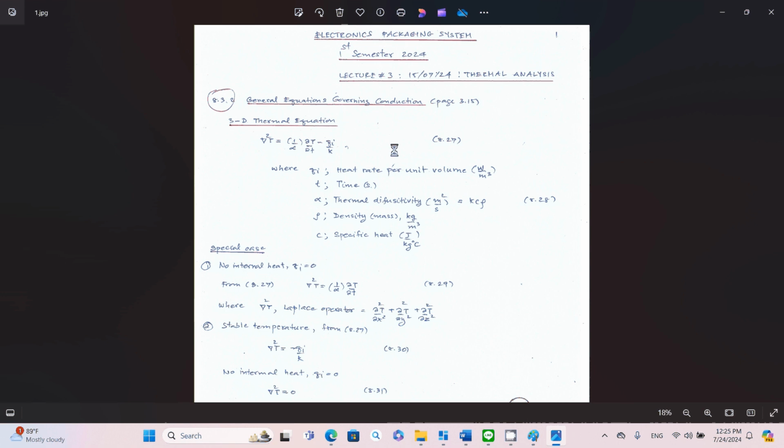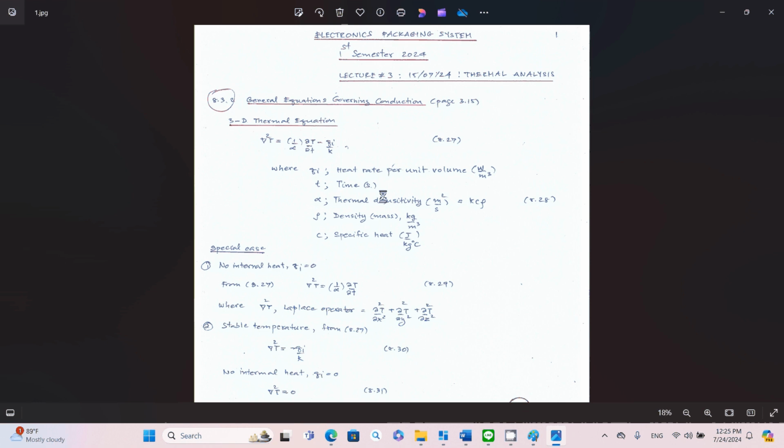K is the thermal conductivity, and alpha is the thermal diffusivity, in meters squared per second, equal to K over c rho, where rho is the mass density in kilograms per cubic meter.